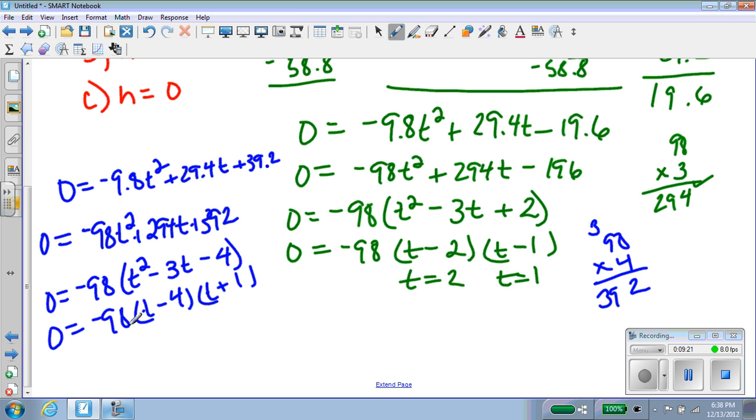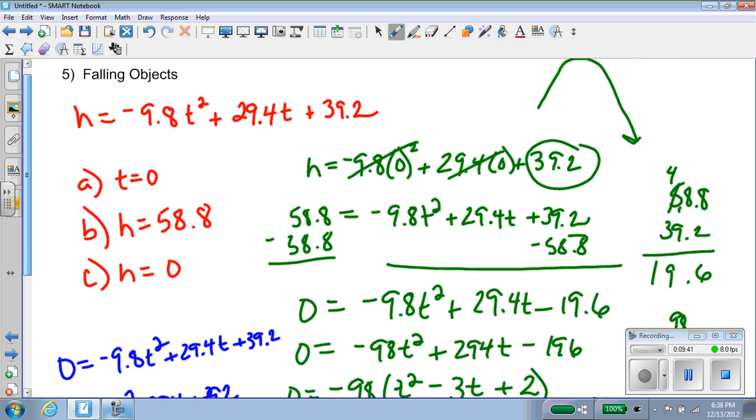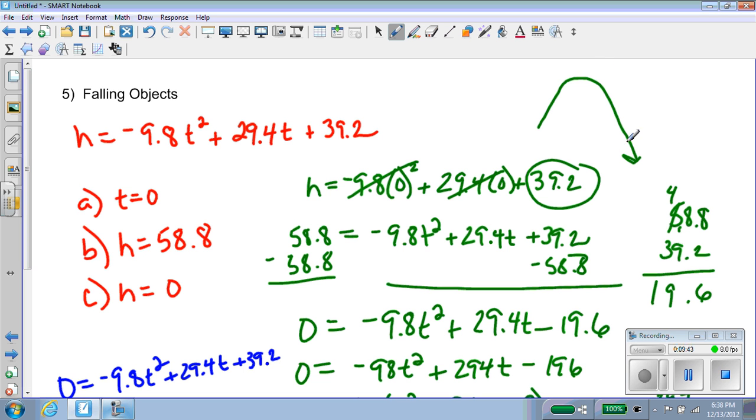Okay, so negative 98 doesn't equal 0, but t minus 4 would equal 0 when t is 4, and t plus 1 would equal 0 when t is negative 1. So the height was 0 1 second before the problem started. That doesn't make any sense. 4 seconds in. So by 4 seconds, this object has hit the ground.